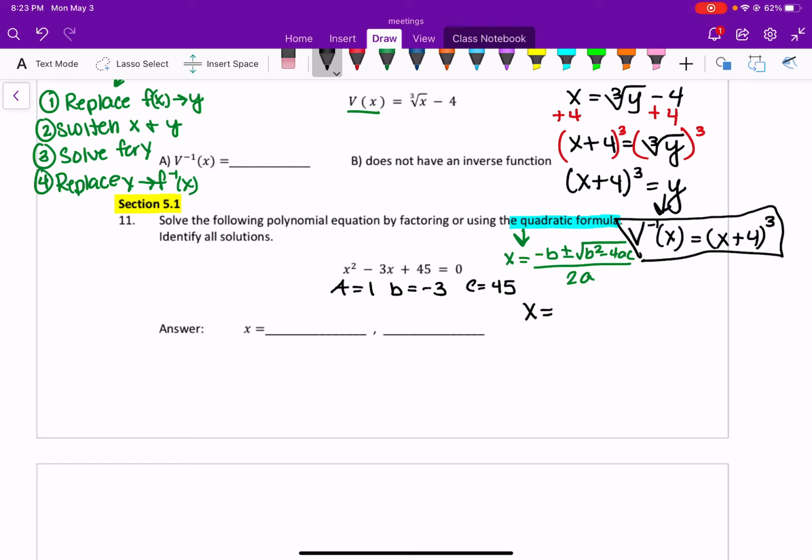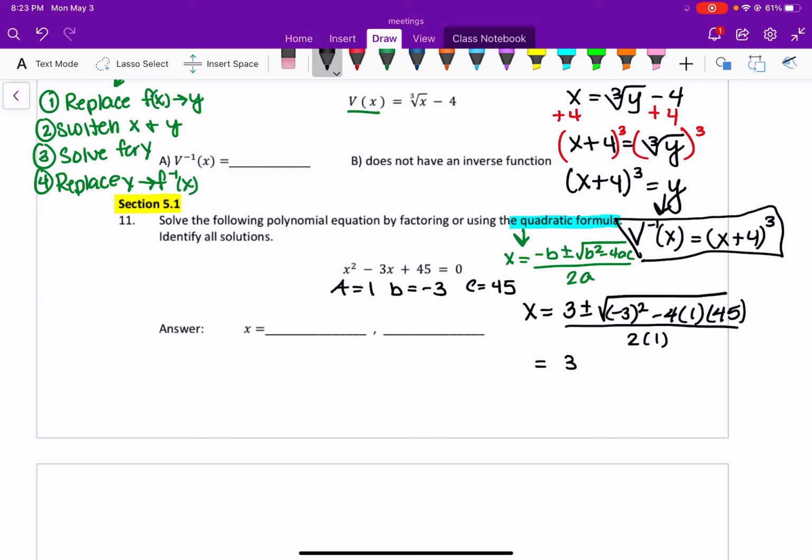So x equals positive 3, because a negative and a negative make a positive, plus or minus the square root of negative 3 squared minus 4 times 1 times 45, all over 2 times 1.